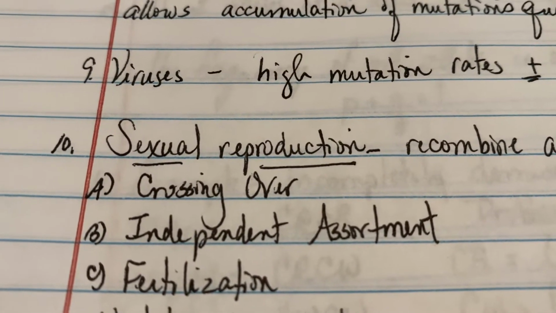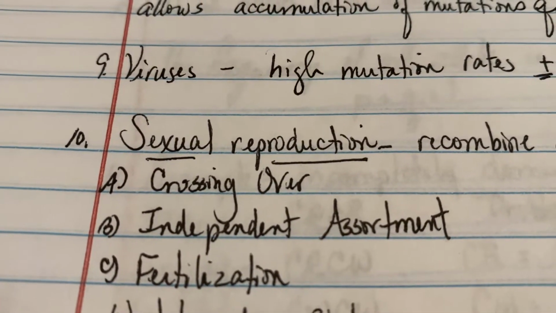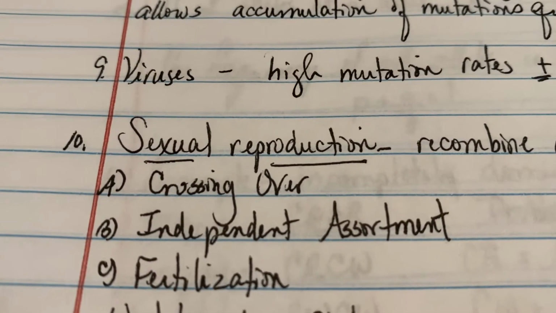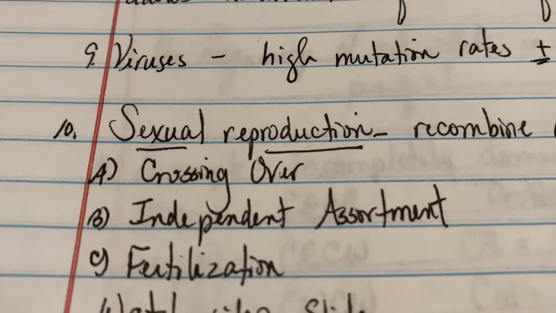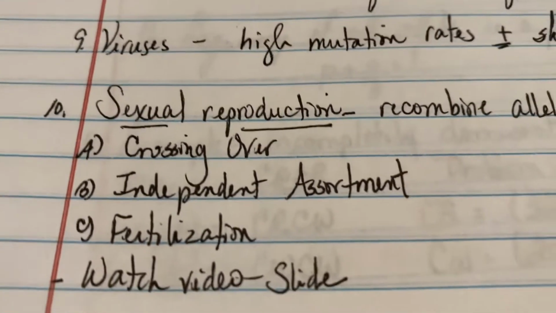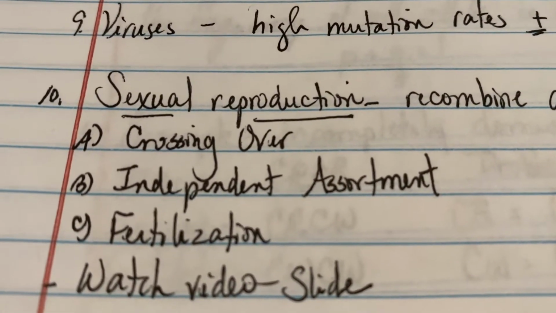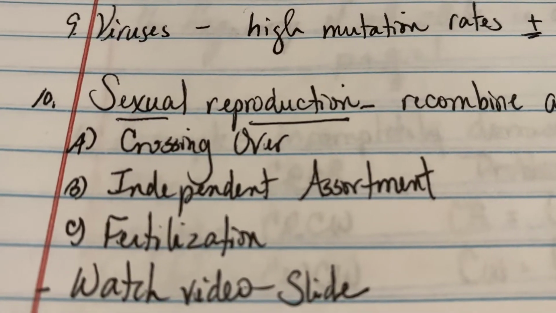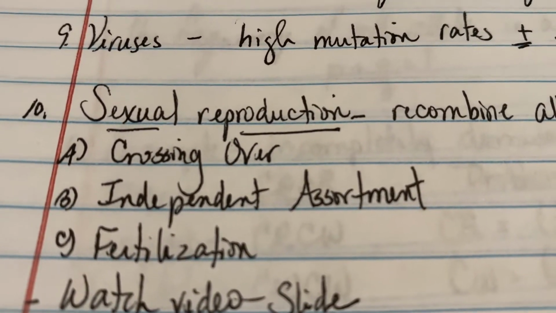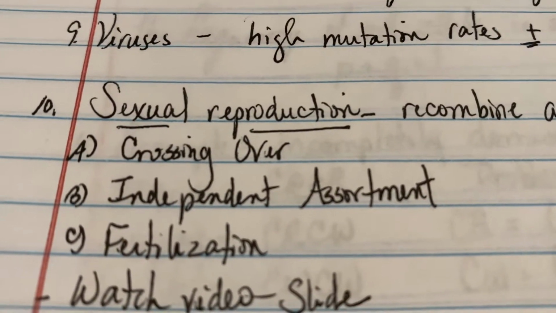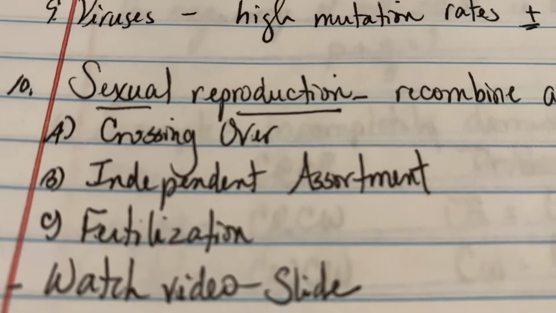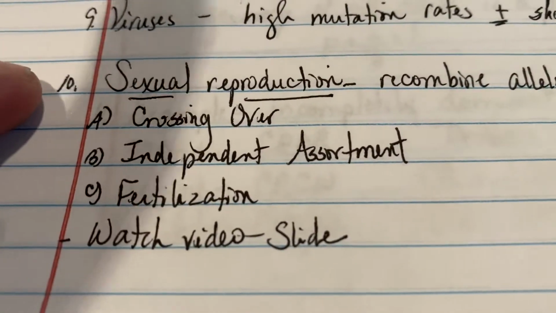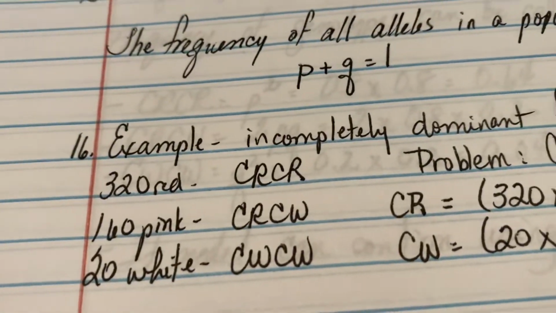Then there is independent assortment, where genes from mom and dad assort or segregate randomly during anaphase 1 and 2. And fertilization, where you get a random egg with a random sperm, each of which is carrying its own unique set of genes. There's a video after that slide that you're probably going to want to watch.